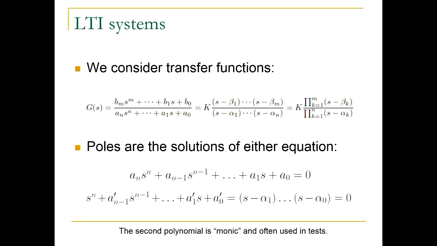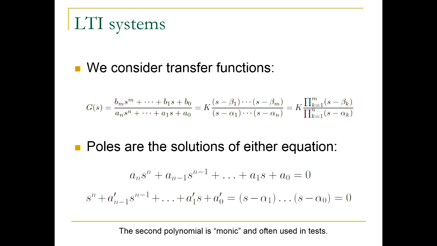Imagine that you have a plant and then you want to design a controller. Now that controller might depend on some parameters that you can choose. Now when you find a transfer function using algebra of block diagrams of a feedback connection of a plant and controller, you would obtain a transfer function here whose coefficients now depend on the tunable parameters that you can choose as a designer.